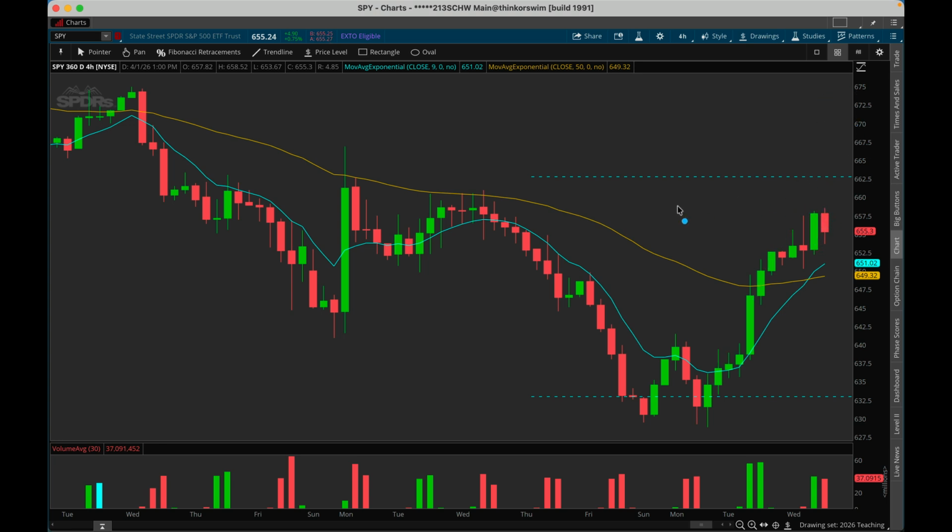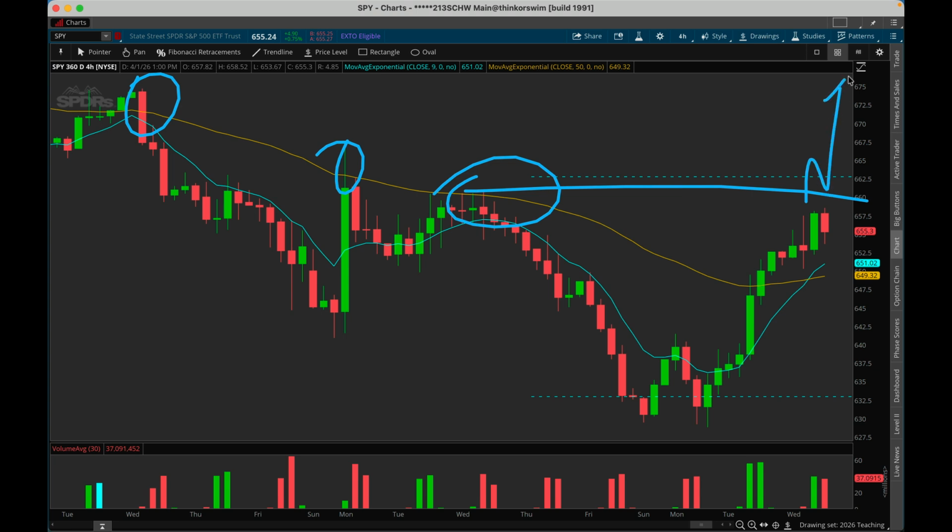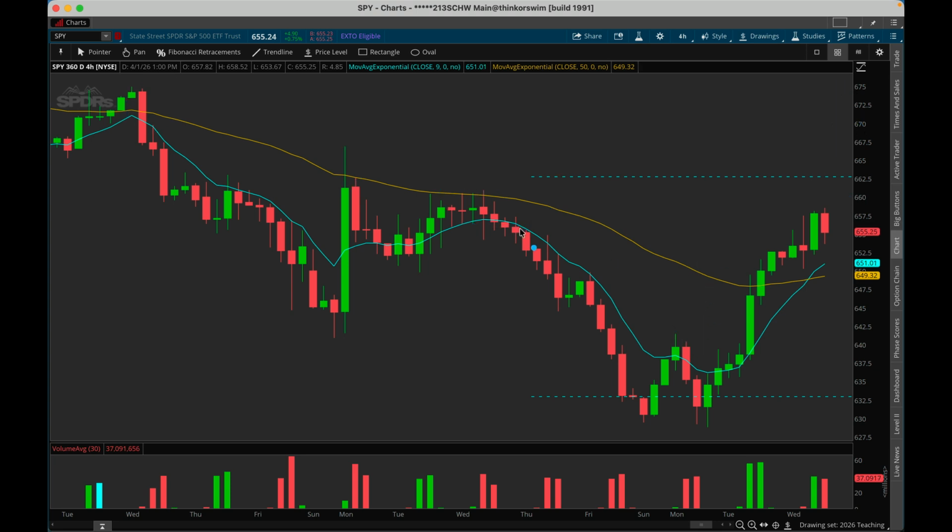But we are still in bearish territory due to these lower highs, and we haven't proven ourselves to get above these highs as yet. So we got to be aware that the market could go either way, and even if that's the case, we could still trade because we know our key patterns, key levels, key strategies to use.